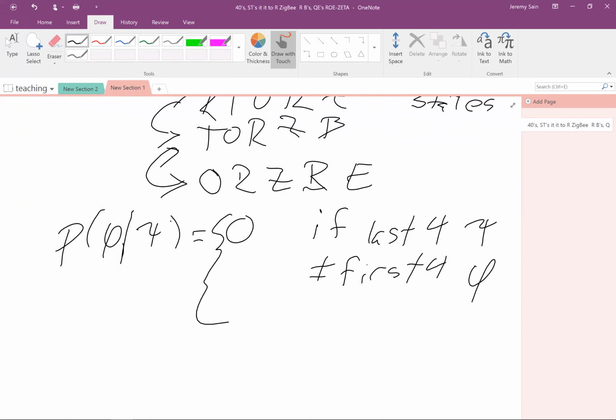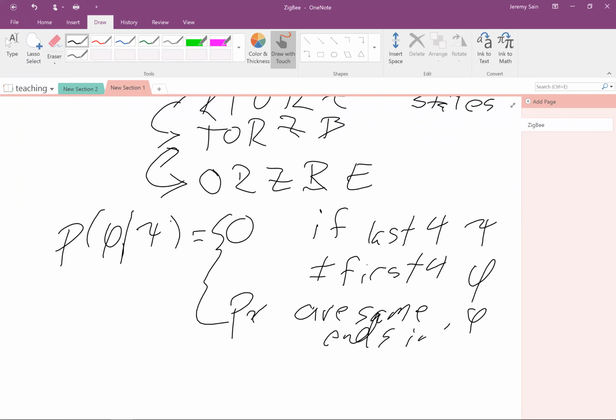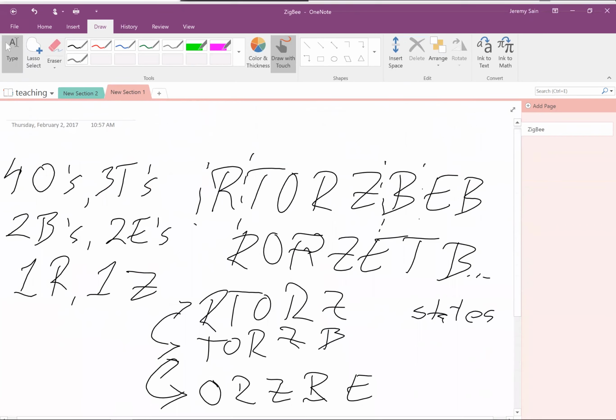And then if they are the same, well, it's, say, p of x, if they are the same and phi ends in an x. So where these probabilities are what we started with.